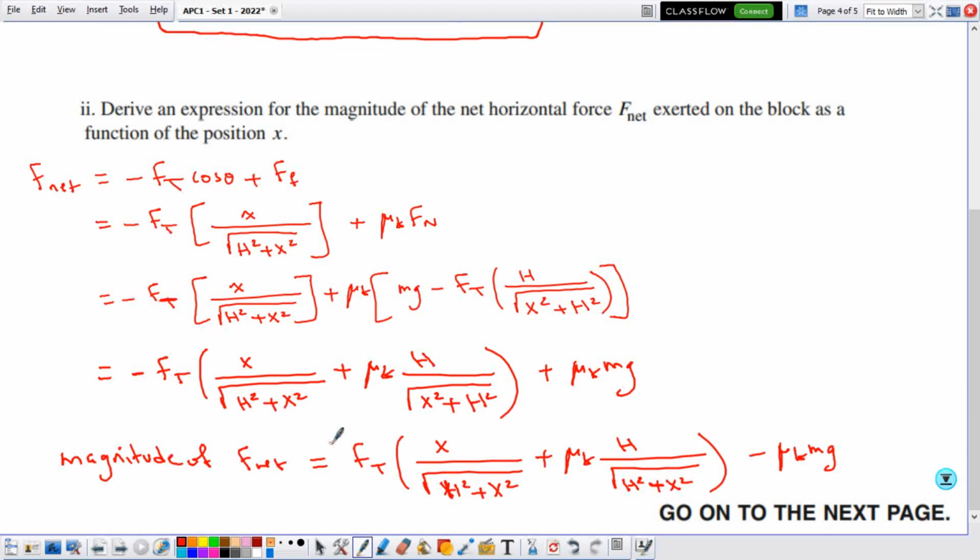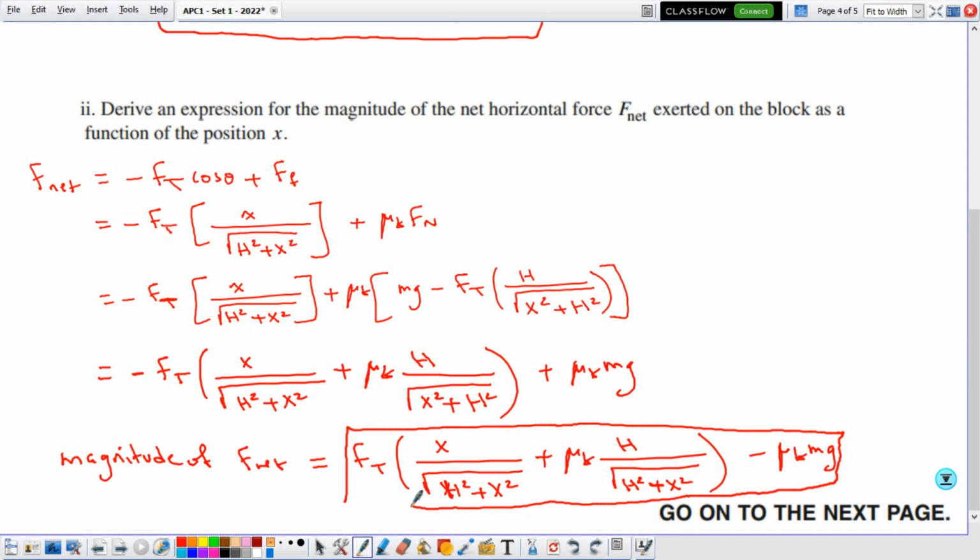Alright, so that would be our answer. So pay attention whenever they're asking for the quantity itself or the magnitude of the quantity, especially whenever we're dealing with directions.